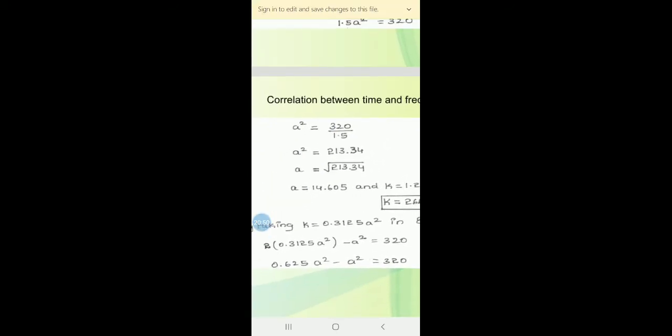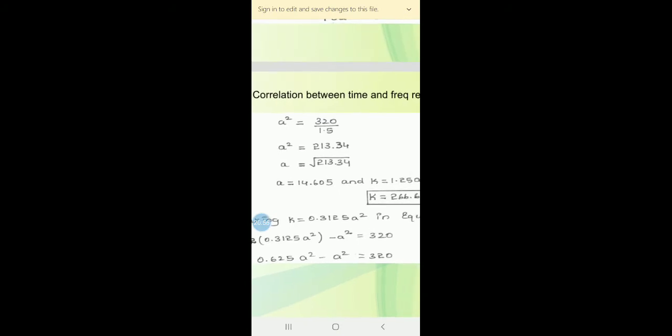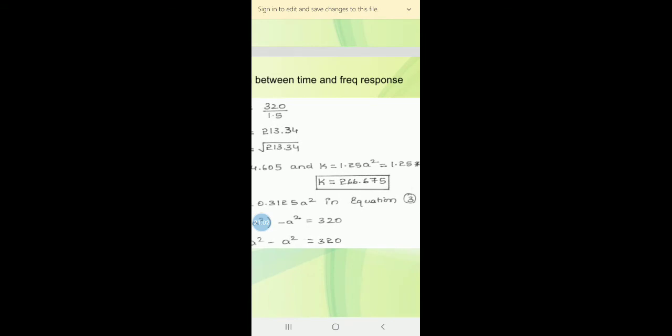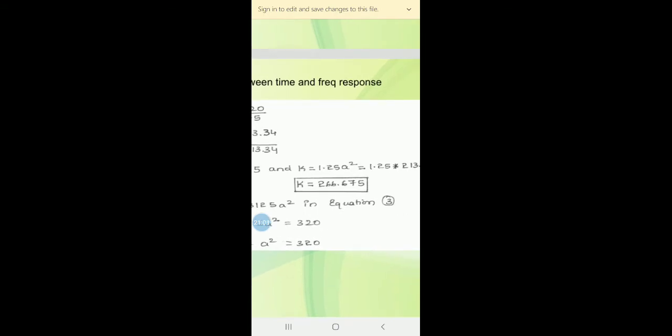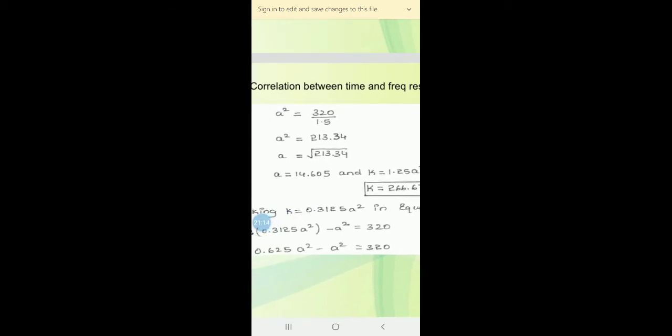Then a square will be equal to 320 by 1.5. So a square is 213.34. A is equal to root of 213.34. So a is 14.605 and k is equal to 1.25 a square, which, after substituting a square as 213.34, comes to 266.675.